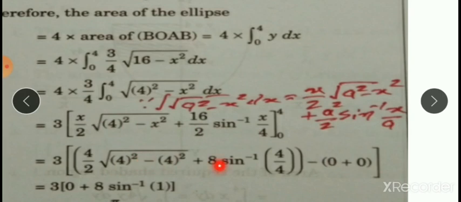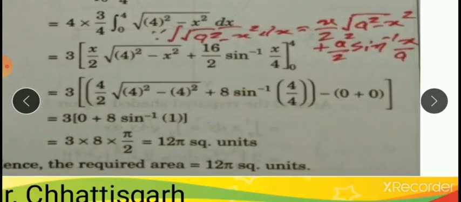Then we have 3 into (0 plus 8 sin inverse 1). 3 into 8 sin inverse 1, where sin inverse 1 means pi by 2, that is 12 pi square units. This is our required answer.